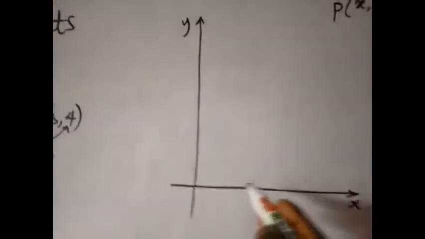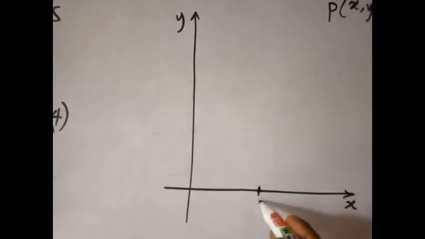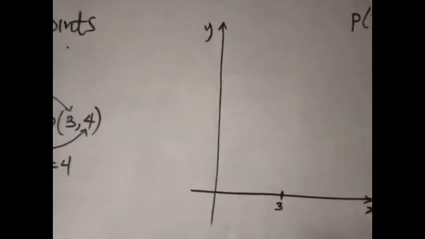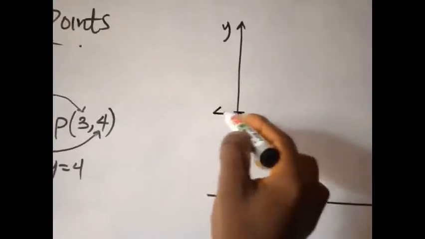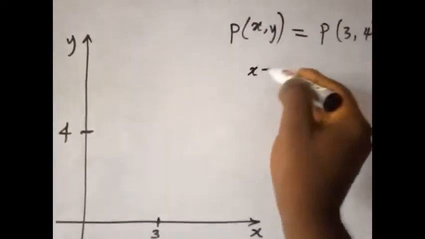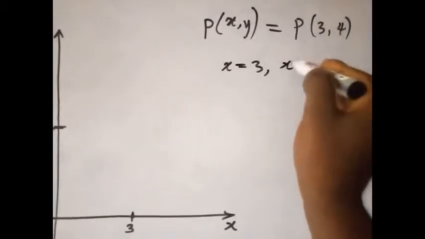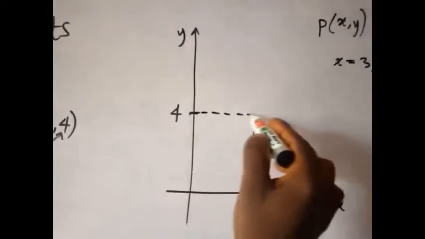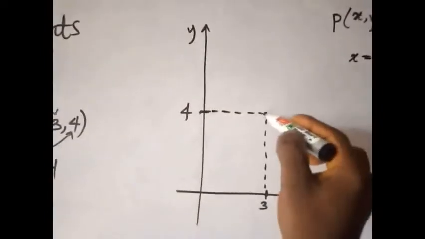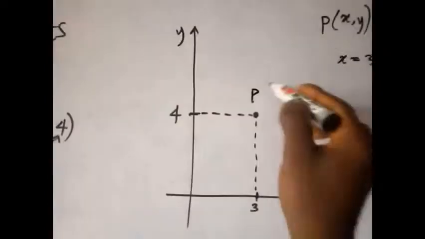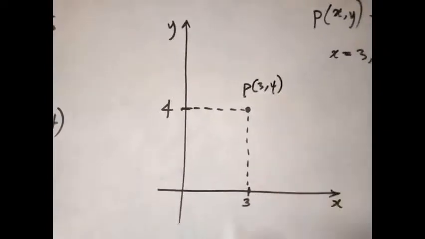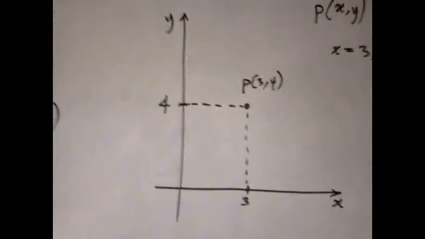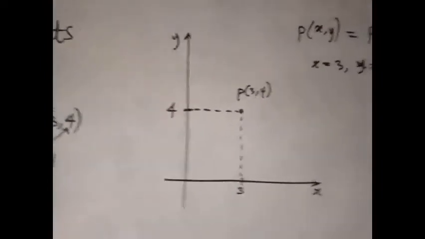We want to locate point P. Let's pick our point x here, then our point y to be here. From here we have that x equals 3, y equals 4. So by the time we plot this against each other, we have something like this. This point stands for point P, which is 3 and 4. Point P has coordinates 3 and 4.